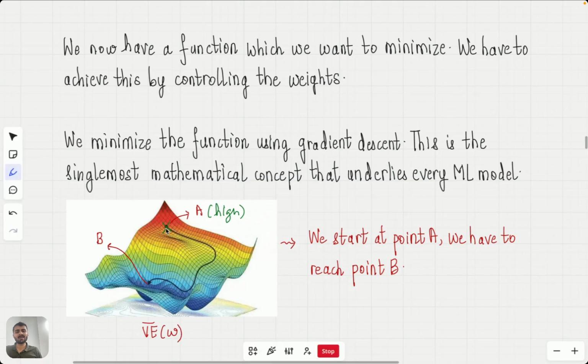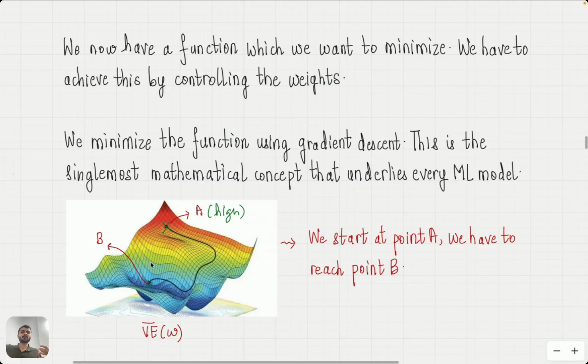I know that point B is somewhere at the minimum of this, so I ideally want to reach point B. The question is that we start at point A and we want to reach point B. How do I reach point B in the most effective manner?